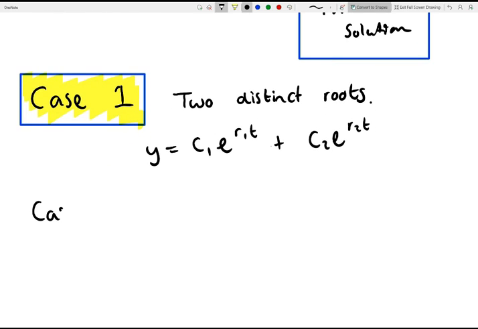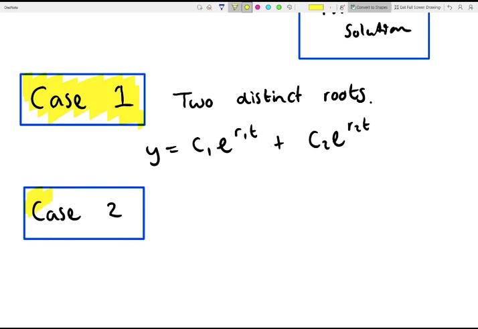And we have case 2 of 3. In this case we have two complex roots.